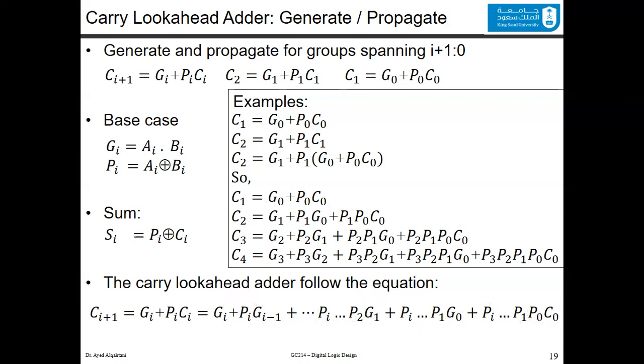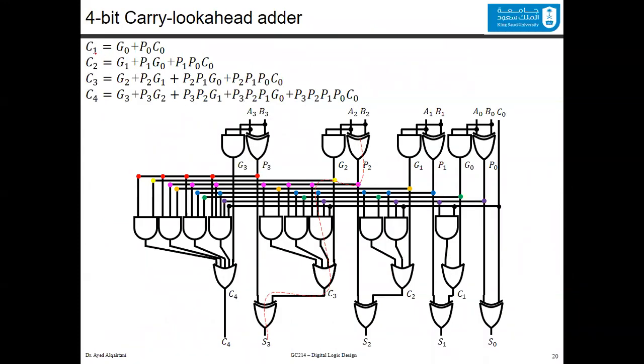Now, we will have those equations, C1, 2, 3, and 4, and we will try to draw the block diagram here. Those are the 4 equations that we derived. And now we will draw the 4-bit carry look-ahead adder starting from index 0 to index 3, 0, 1, 2, and 3. So here are some things that you notice at the beginning.